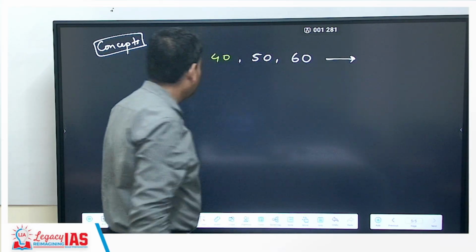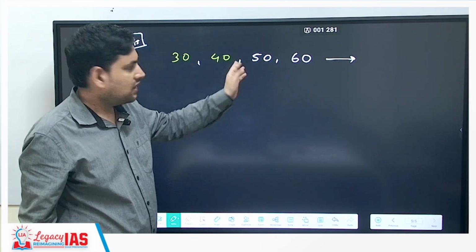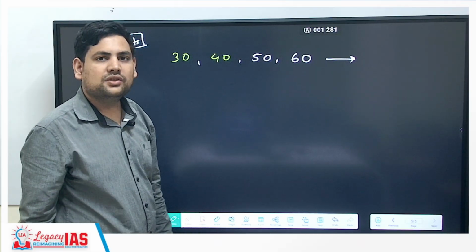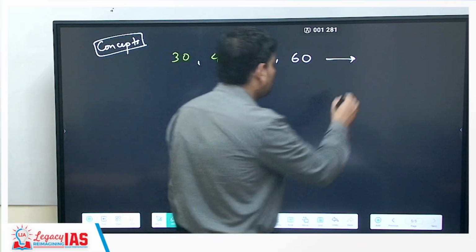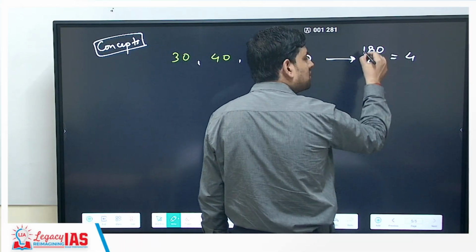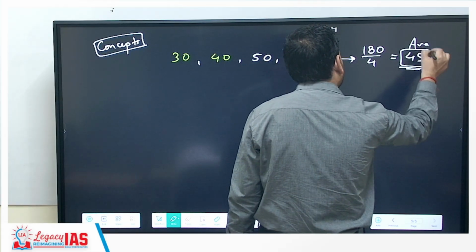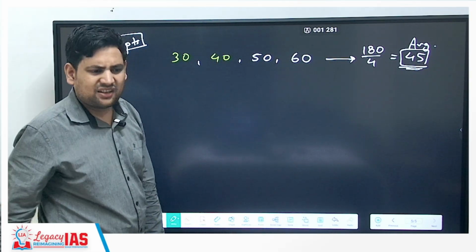What is the average of all of them? 30 plus 40 is 70, 70 plus 50 is 120, 120 plus 60 is 180, 180 divided by 4. What will you get? 45 came out to be the average. Correct? This is clear to you?